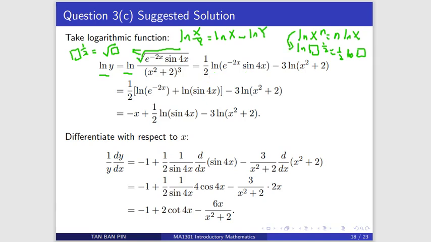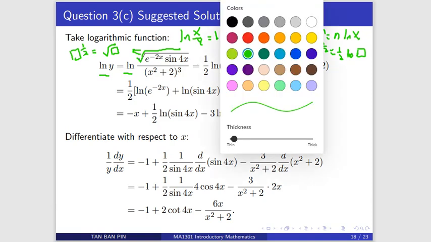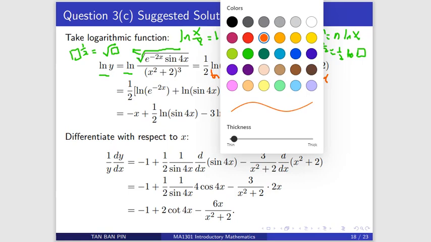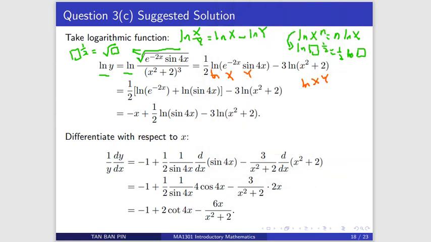With that you will find that you can further split this one. It is of the form x times y, log of x times y. Remember, when I have log of xy, you can change it to log x plus log y.